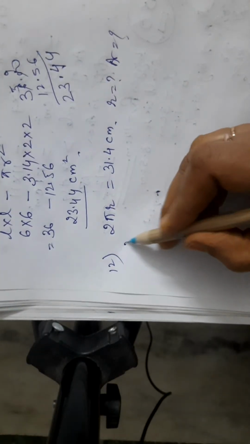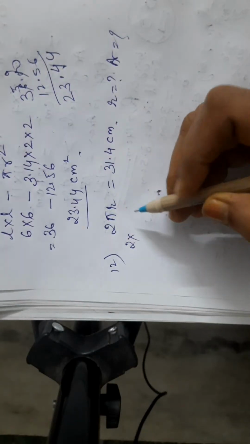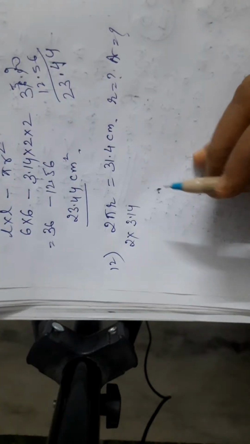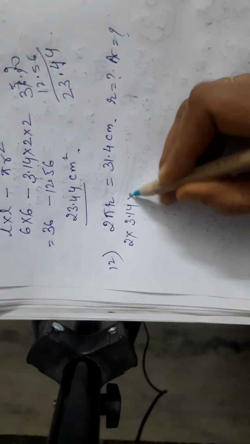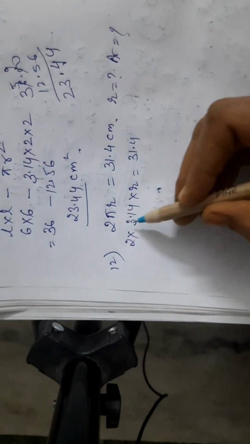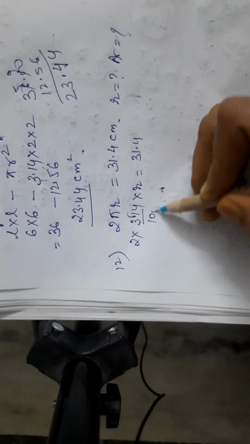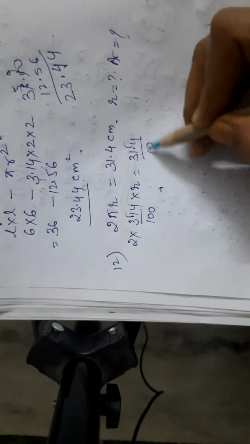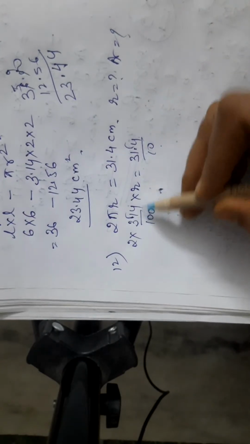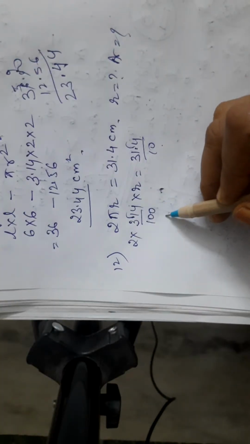So here 2 pi we can replace by 3.14. It's given, use pi as 3.14. We are calculating the radius. So here 31.4 is there. Now remove the decimals to make the calculation easy. After the decimal, 1 digit is there, so we'll take 10 in the denominator. Here 2 digits are there, so 100 in the denominator.